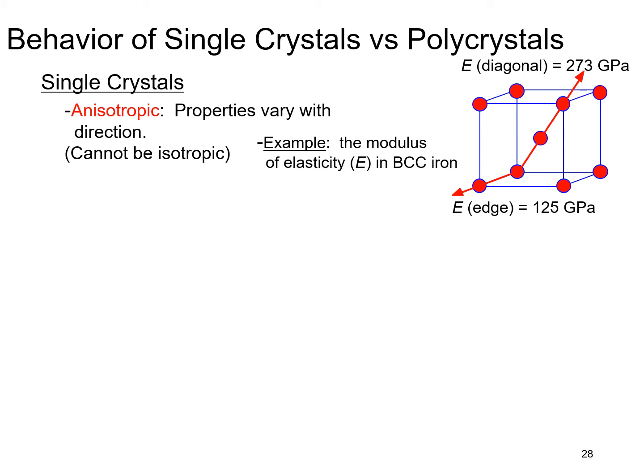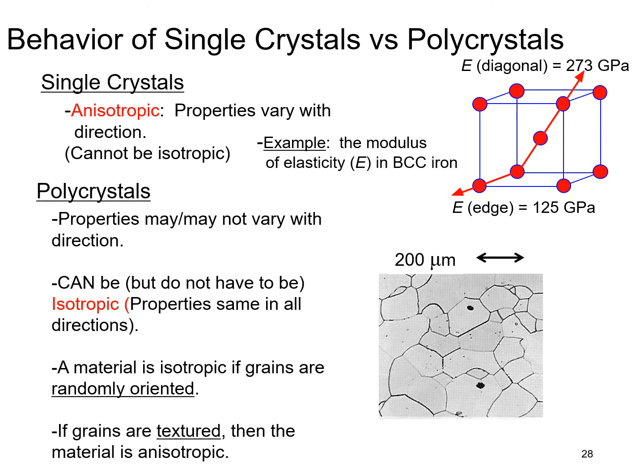An example is a single crystal of iron in a body-centered cubic formation, which can be tested in these two different directions. When that is the case, it will have a smaller modulus of elasticity in one direction than another. Polycrystals might be anisotropic, and they can also be isotropic. It can go either way.